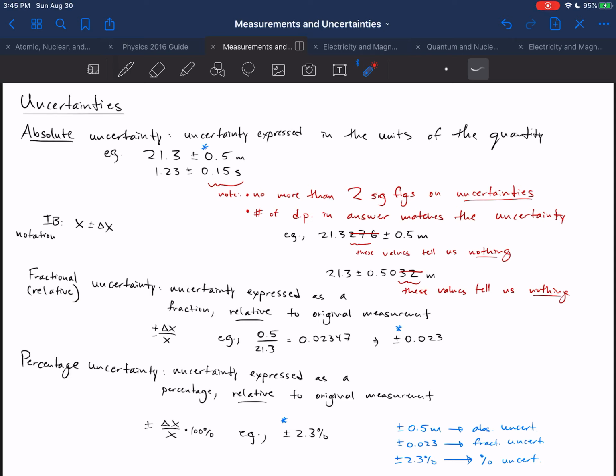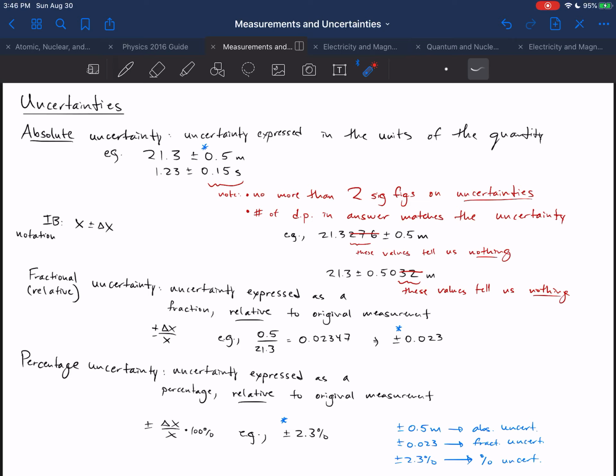And the way this works is that if you have an absolute uncertainty and you simply divide it by the quantity itself, that gives you the uncertainty expressed as a fraction relative to the original measurement. So if your uncertainty is, for example, 0.5 meters on a measurement of 21.3 meters, then that is a fractional uncertainty of 0.02347, rounded to two significant figures, plus or minus 0.023.